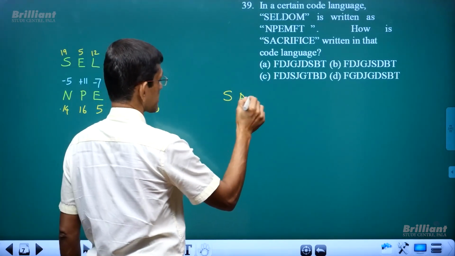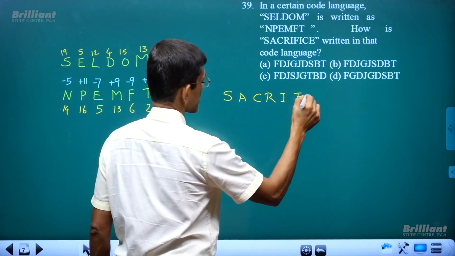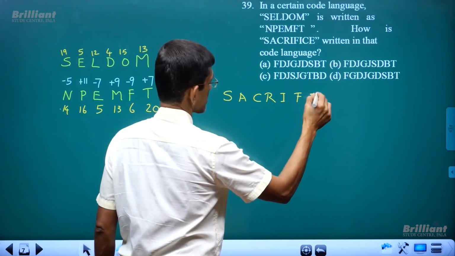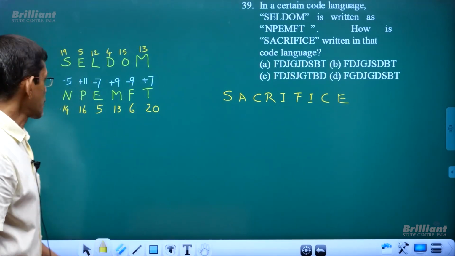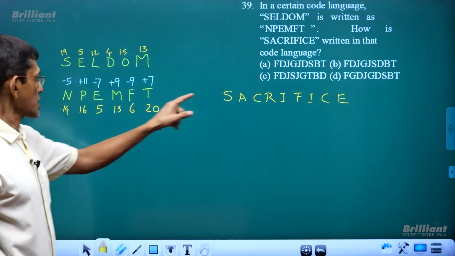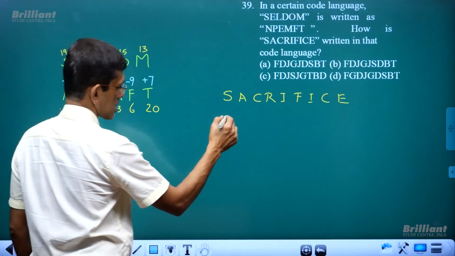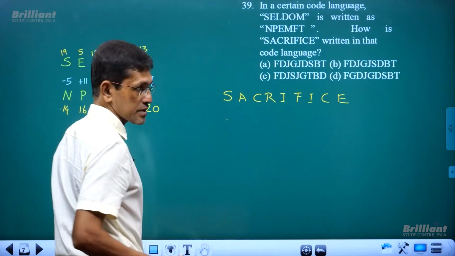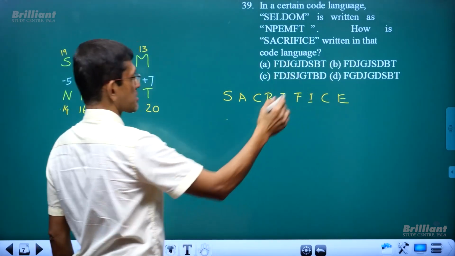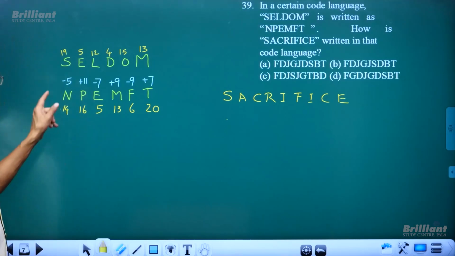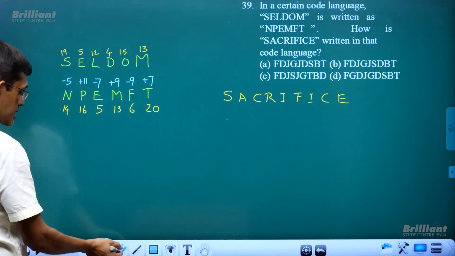It's minus 5, so S minus 5 must be N. The first letter here is going to be N in the answer, right? Look at the answer choices. All of the answer choices are starting from F. So this is not the pattern we are looking for. So definitely we have to look at something else.